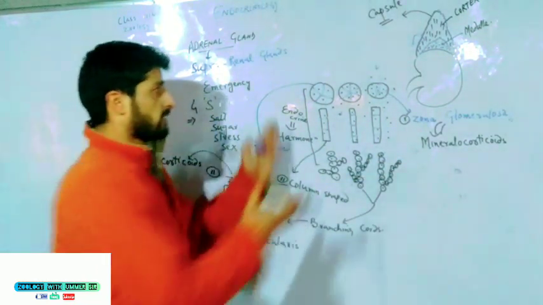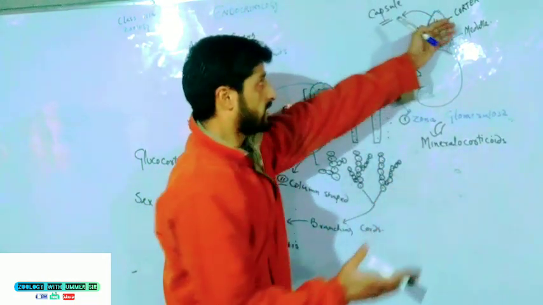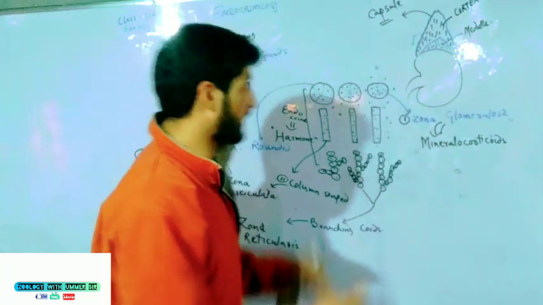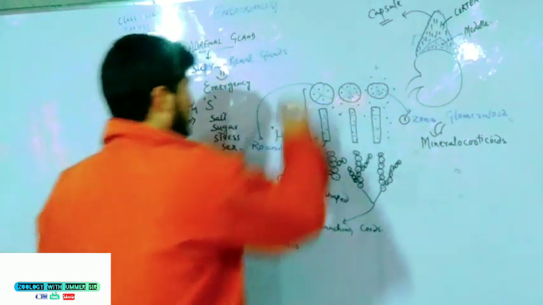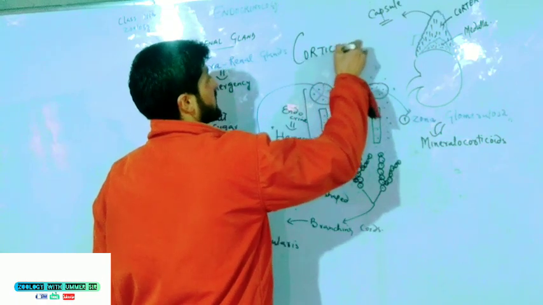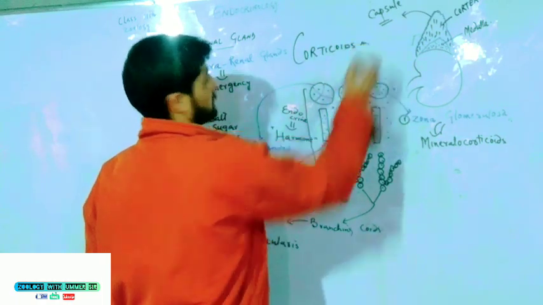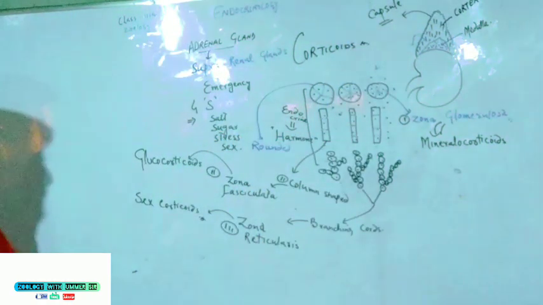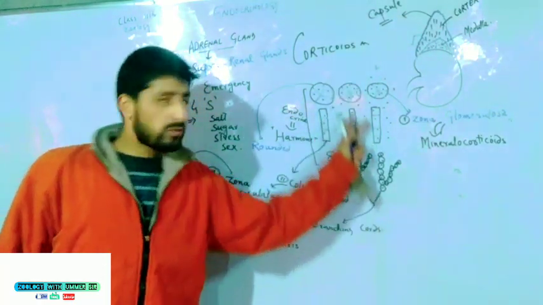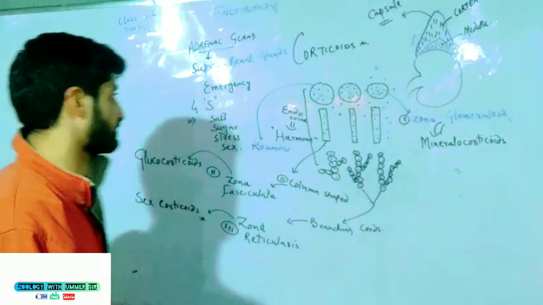In our adrenal gland, the first major portion is called the adrenal cortex. It is this adrenal cortex that produces special types of hormones, collectively known as corticoids: mineralocorticoids, glucocorticoids, sex corticoids, produced by three different endocrine cells.